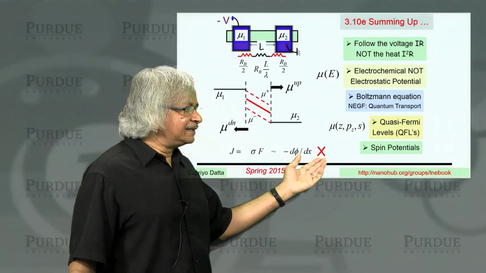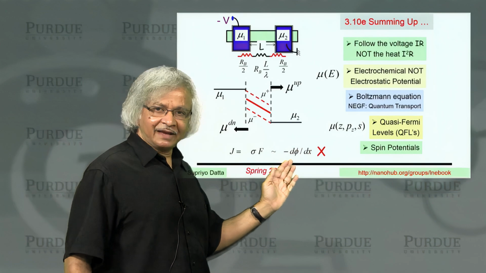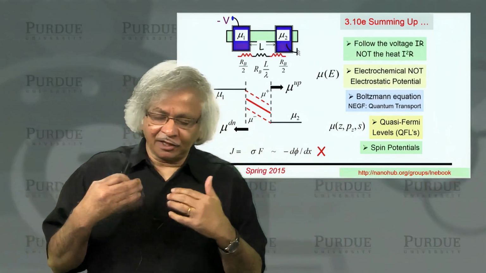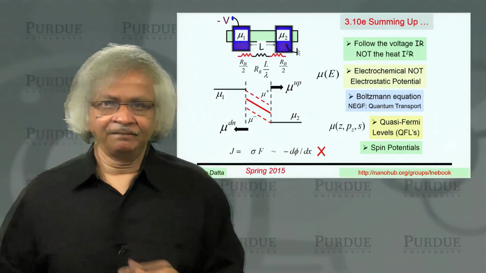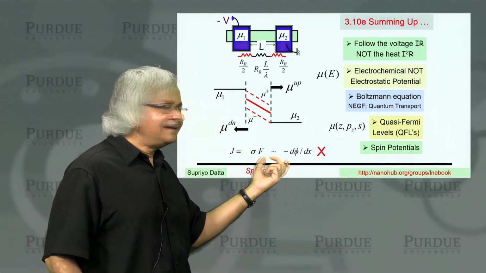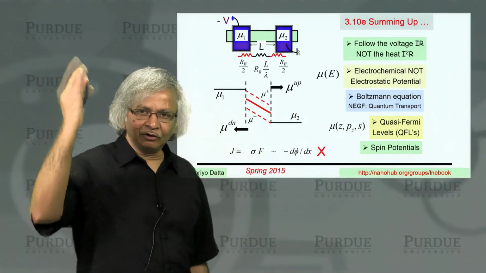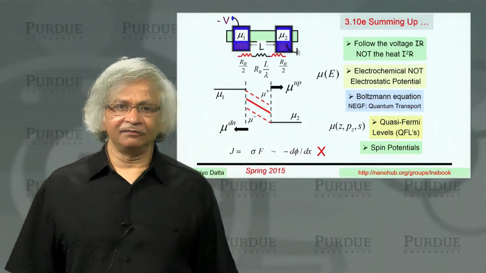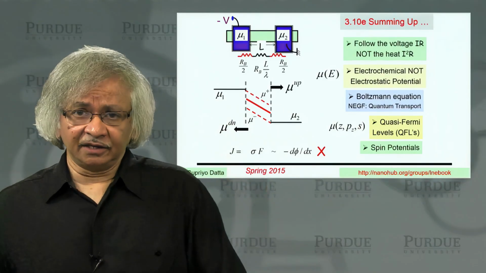Because this is the physical picture that most people use, and as I said, our intuition is usually guided by certain physical pictures. And this picture is really not general enough, not rich enough to capture all the new physics in nanoelectronic devices that are being discovered and will be discovered in the coming years.